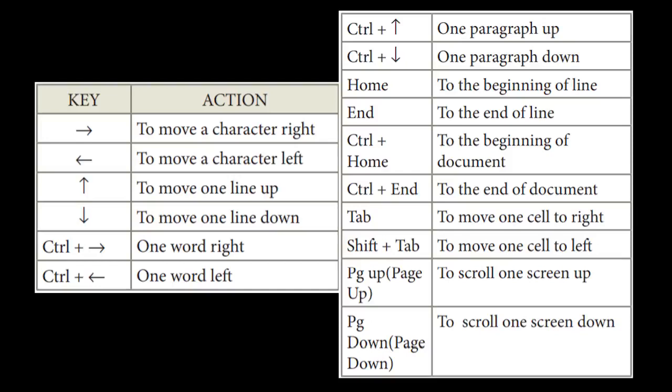If you want to move one word right, you will use control plus the right arrow key. If you want to move left, control plus left arrow key, right? These are the keyboard shortcut keys. In this chapter you will be learning cut, copy, paste and every option inside this word processor.